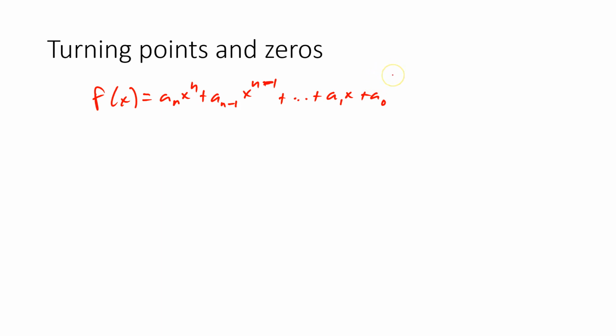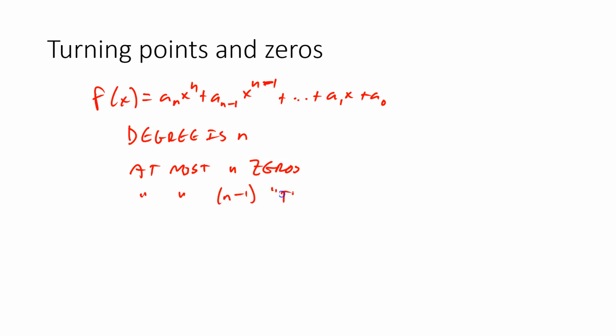That's our constant term. Whatever this n is going to dictate it. So if our degree is n, then we can have at most n zeros, and at most n minus 1, I'm going to call them turning points.